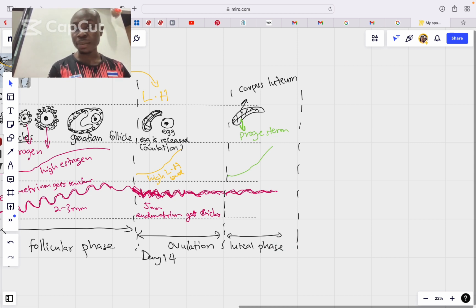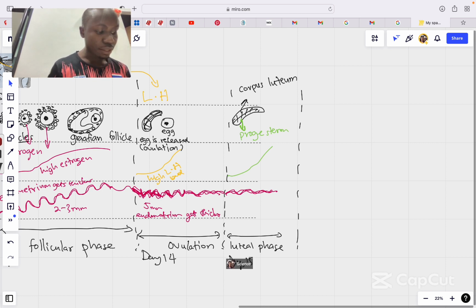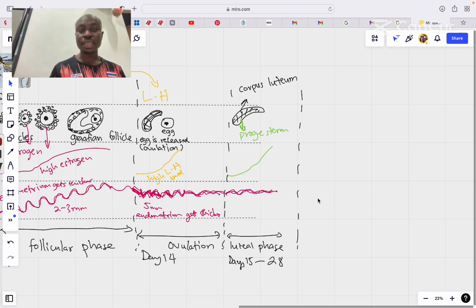Progesterone level is up because the corpus luteum, the cells which were around the eggs, are producing progesterone. And this will make the endometrium get thicker when we have high progesterone. And this will happen between days 15 to 28.